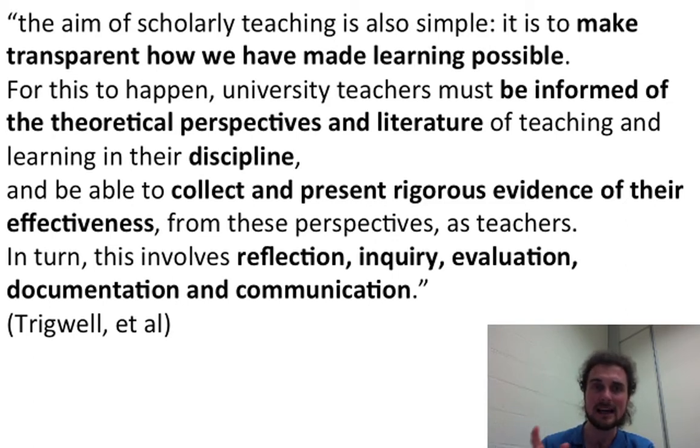This is Trigwell et al.'s, and it's more complex than just doing research about learning. It's making that transparent. It's also about informing teachers of theory and literature about teaching and learning, and particularly teaching and learning in their discipline. If you're an accounting educator, your discipline will have specific literature that's different to the engineering education literature.